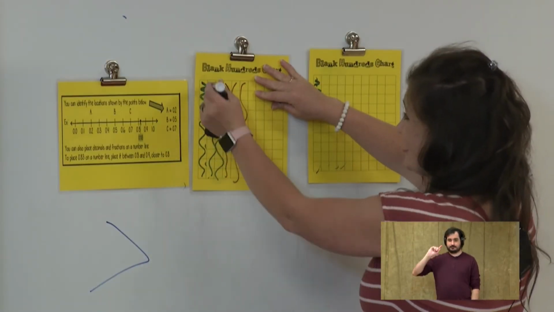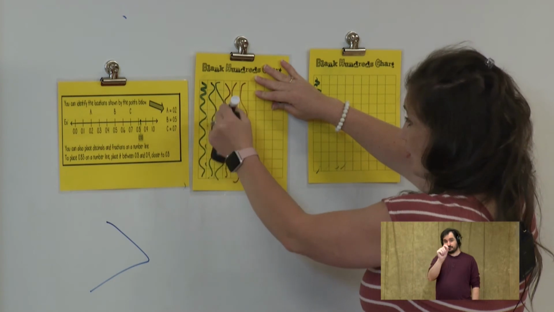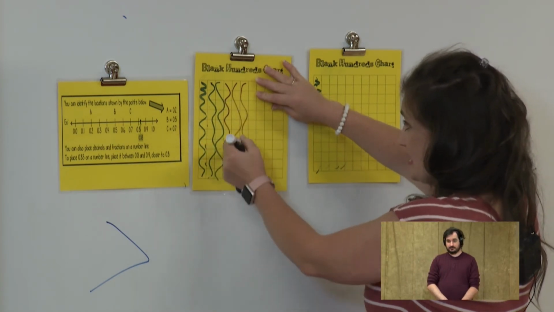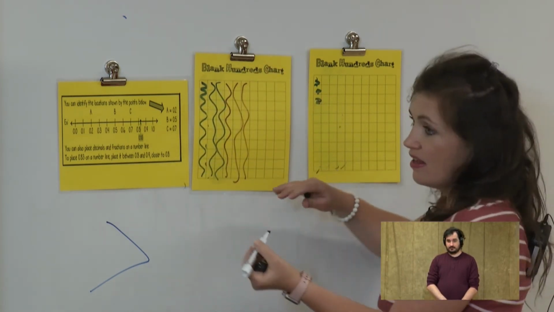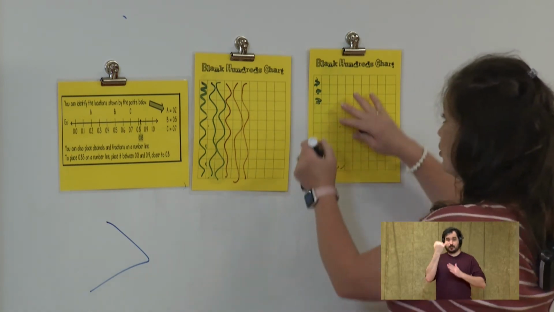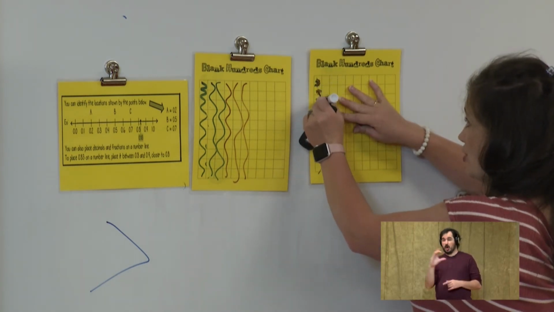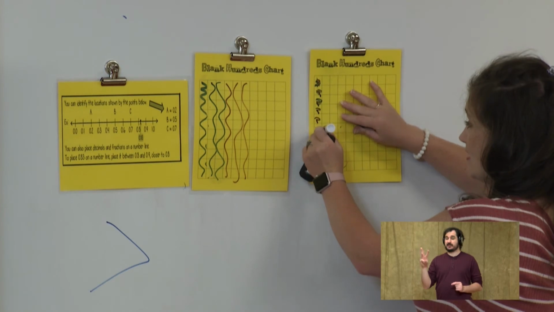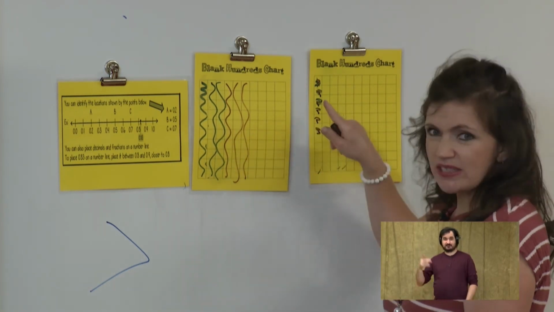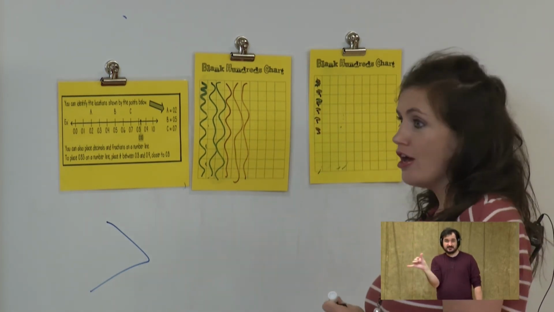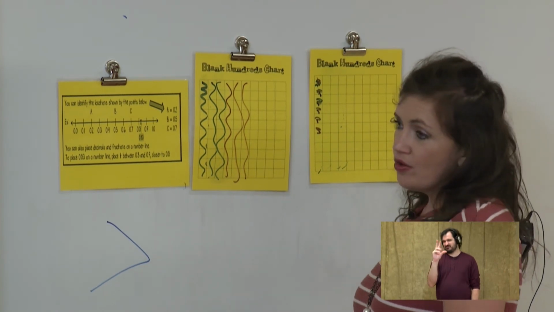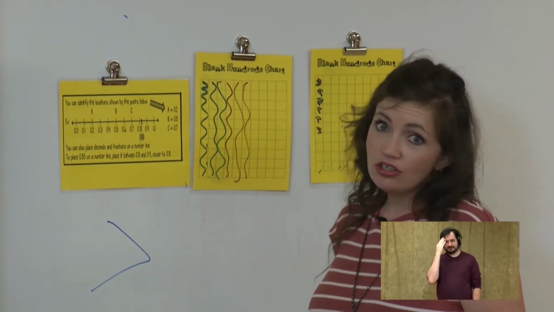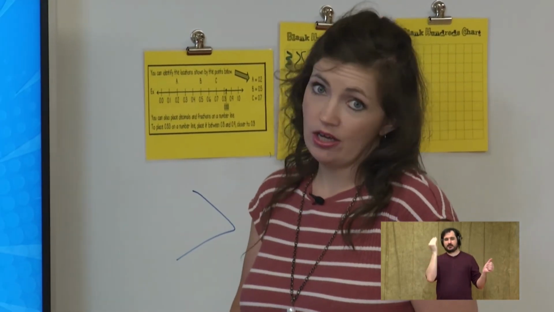I'm sorry, 6 tenths. 10, 20, 30, 40, 50, 60 hundredths or 6 tenths. If I was drawing 6 hundredths, I would say 1, 2, 3, 4, 5, 6. Are those the same amount? No, we know that our tenths and hundredths are not the same. So we know A is not true.